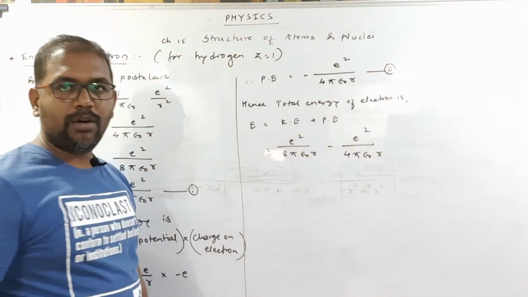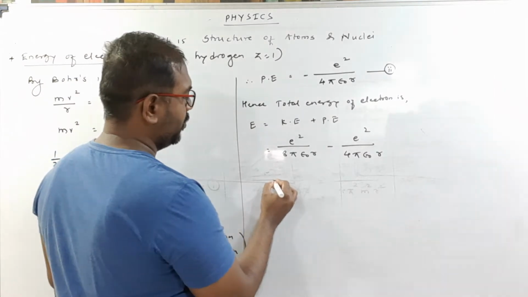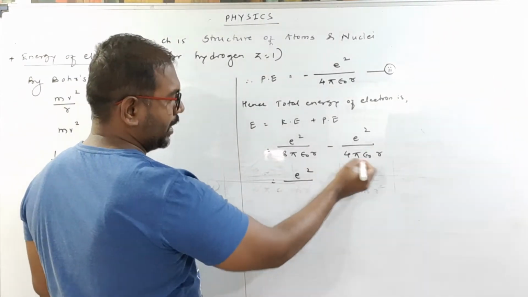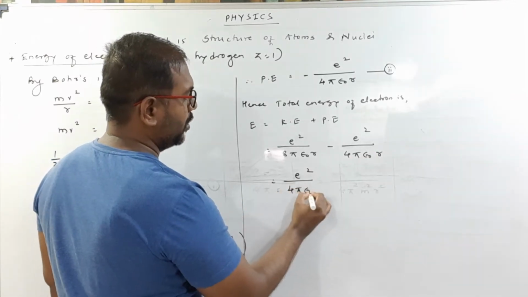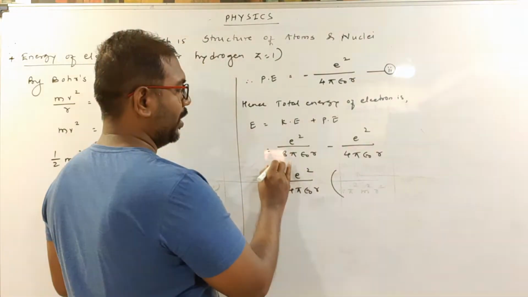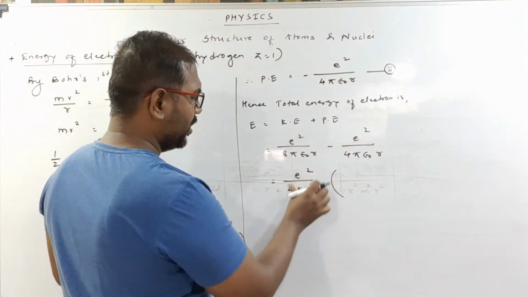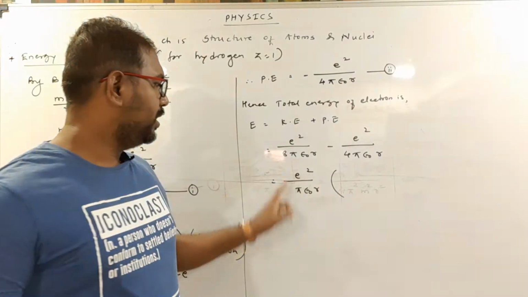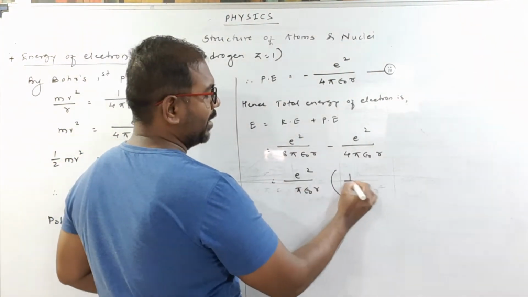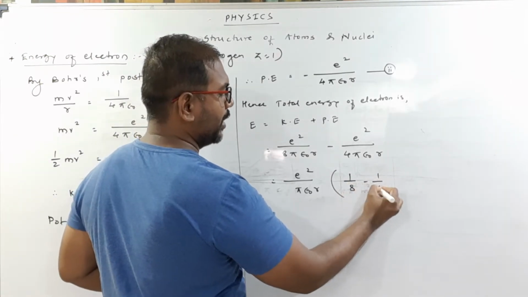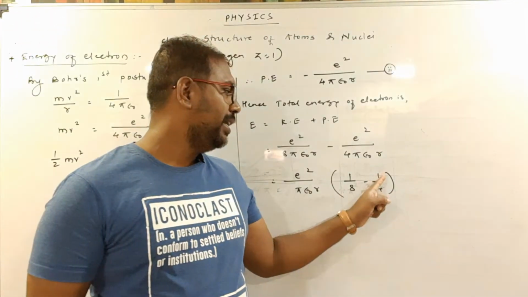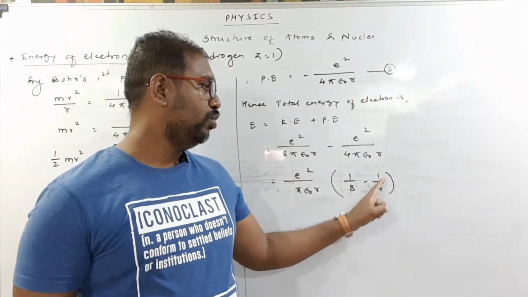Now we have to select common terms. What are the common? e square is common, and pi epsilon 0 is common. So e square divided by pi epsilon 0 r, then here we get 1 by 8 and here minus 1 by 4. 1 by 8 minus 1 by 4, I can multiply by 2, so 2 by 8.